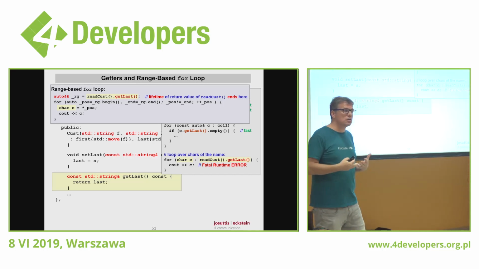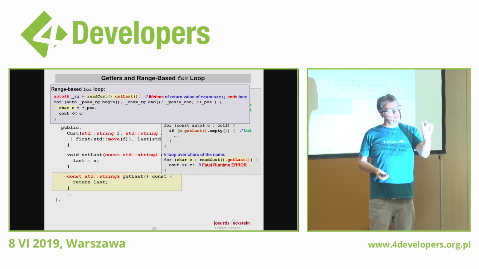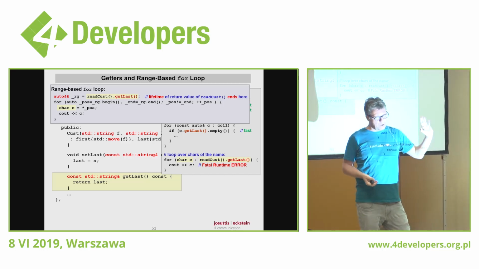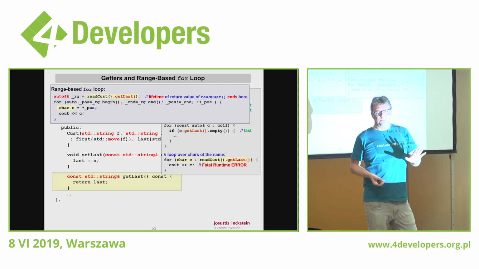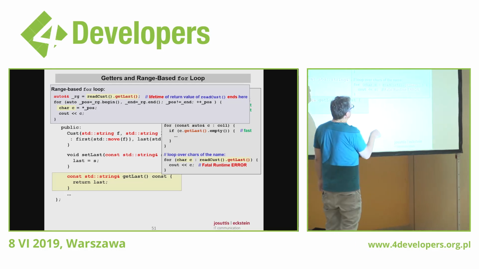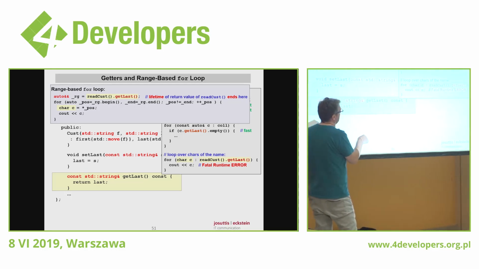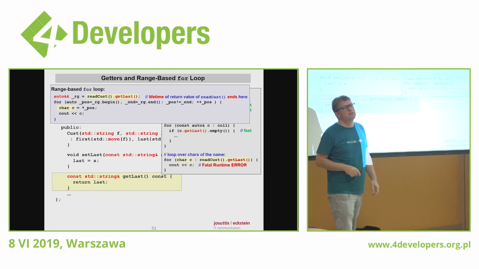Whenever you have a function returning a reference, if you call it for a temporary object, there are problems. Don't do that. And so one caveat here might be, if you have a function returning by reference, don't use this as expression in a range-based for loop.